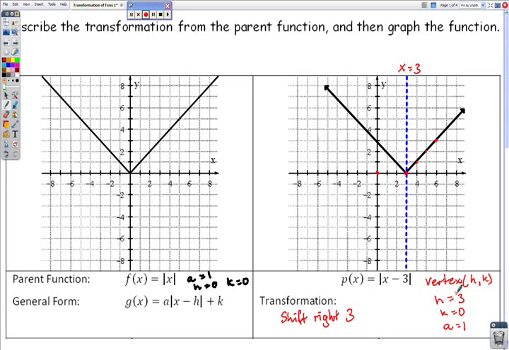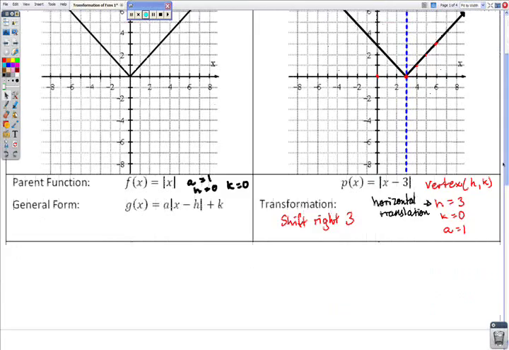The value of h is 3, I'm shifting right 3. So h here is our horizontal translation. All right. Let's look at a couple more examples of horizontal translations.